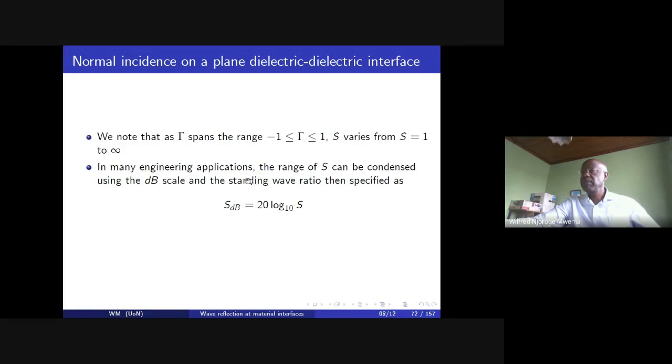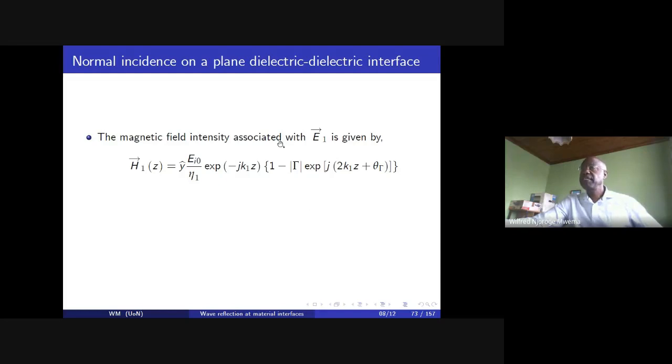This is the way it will be specified most of the time, because we can see that the range of S is infinite, while the magnitude of gamma can never be greater than unity. It will always be less than or equal to unity, with equality when we have total reflection.